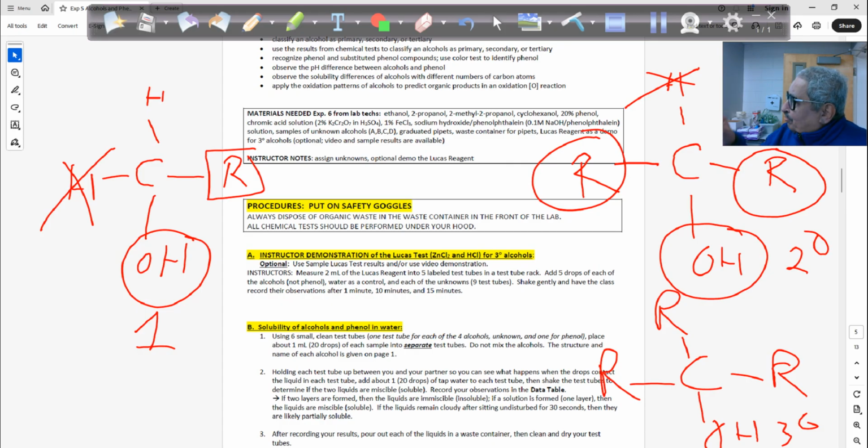But when you put it in phenol, guess what? The pink color will disappear. It means phenol is acidic. And that's the reason we use it to clean up bacteria inside the bathroom. That's why we have to keep it out of the reach of any children. It's a weak acid, a very aggressive weak acid.